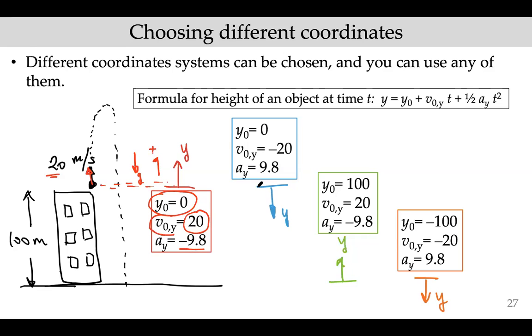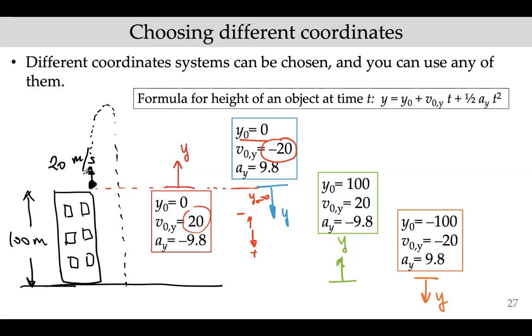What about if I use this coordinate system, now the blue one? Well, again, it defines the initial position as 0. So y0 is again 0. But what changed if you compare this one and this one? Now the initial velocity is negative. Why? Because this coordinate system defines down to be positive and up to be negative.